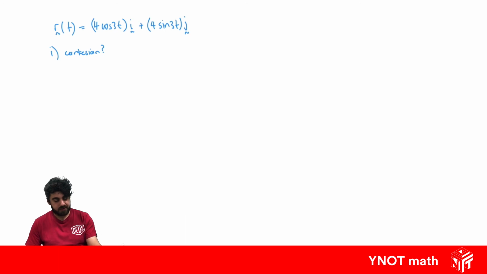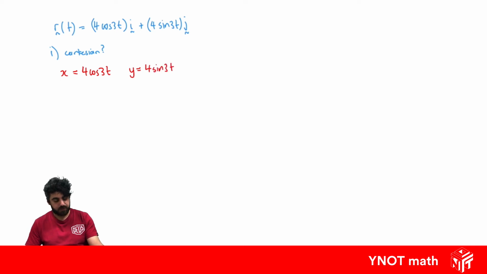So if we want the Cartesian equation of a vector, we can just equate the x component to x and the y component to y, and then go ahead and eliminate the parameter t. So if we do that, we'll have x equals 4 cos 3t and y equals 4 sine 3t.